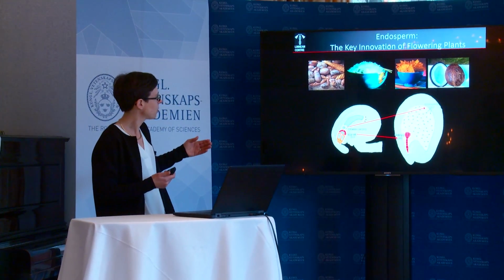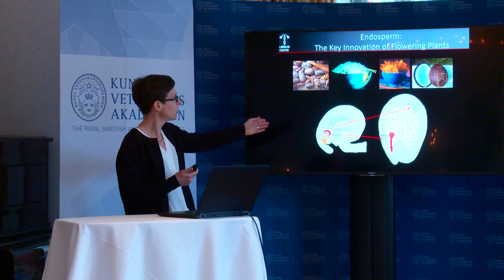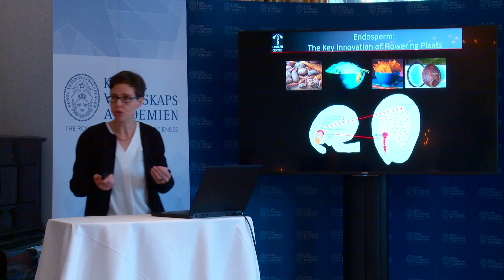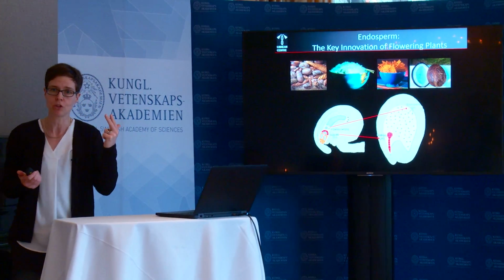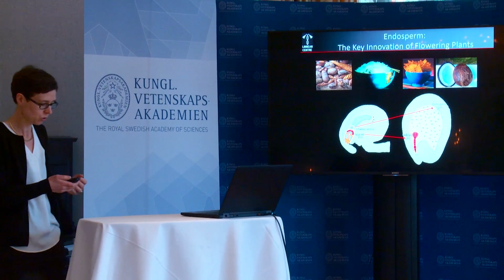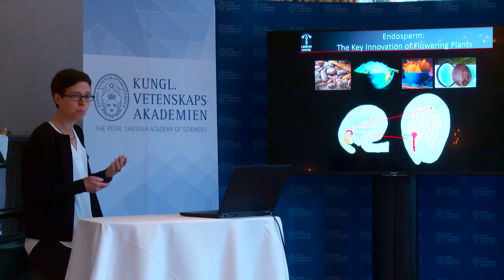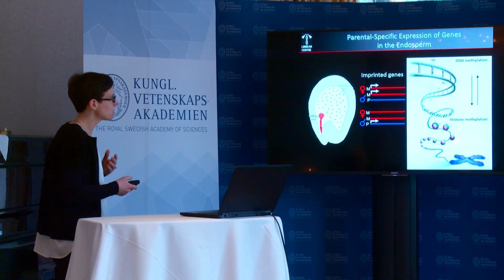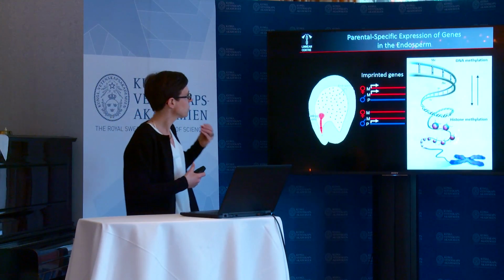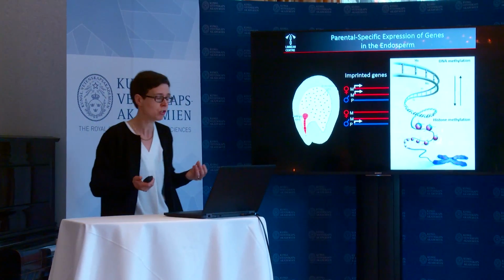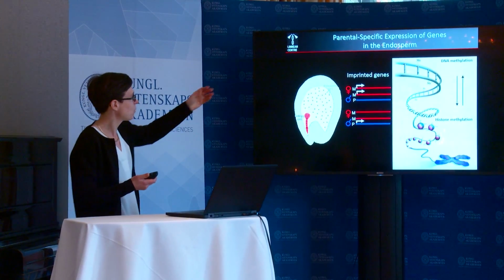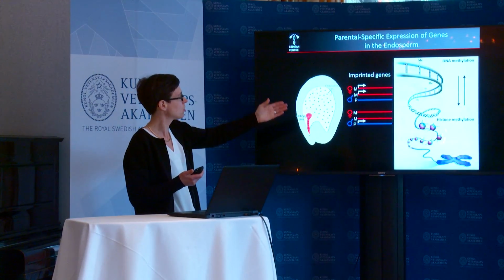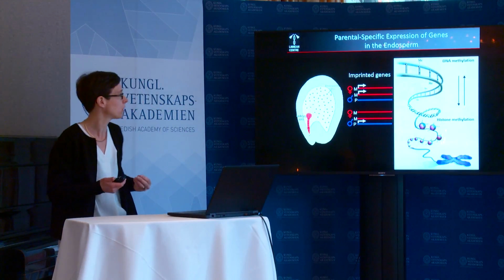It derives after fertilization of a diploid central cell. So after fertilization, it's a triploid tissue, having 2 maternal and 1 paternal genome copies, different to most other tissues. And this genetic peculiarity causes also special mechanisms to take place, epigenetic mechanisms that either act directly on the DNA in terms of DNA methylation or on the histone level. Histones get modified.